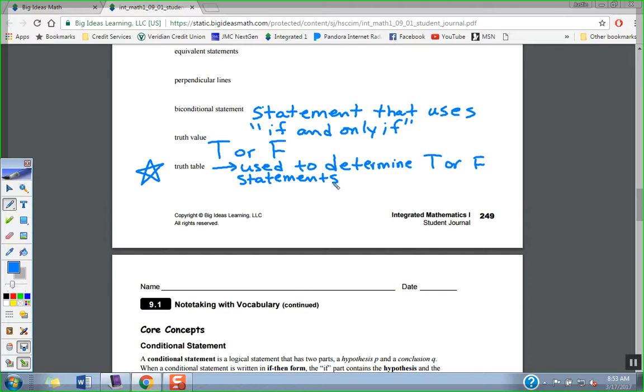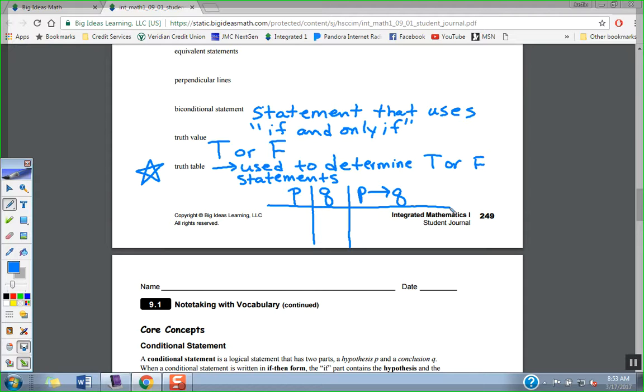Make this table, please. Okay, this is very important.